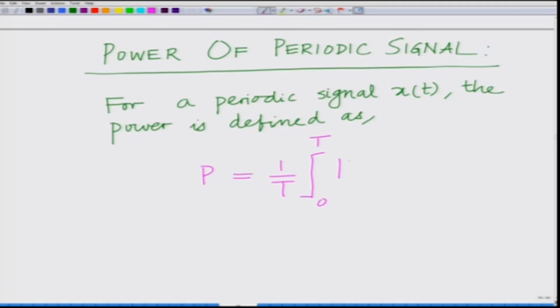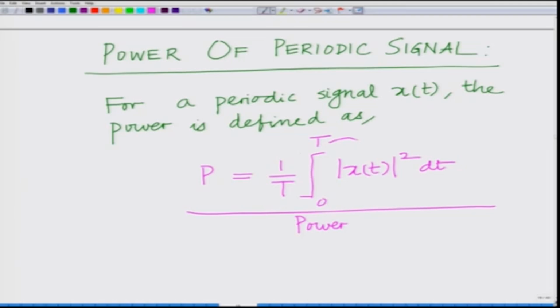So, 1 over T integral 0 to T magnitude x t square dt. This is the expression for the power of the periodic signal x t, where again of course, it goes without saying capital T is the period, the fundamental period of this periodic signal x t.